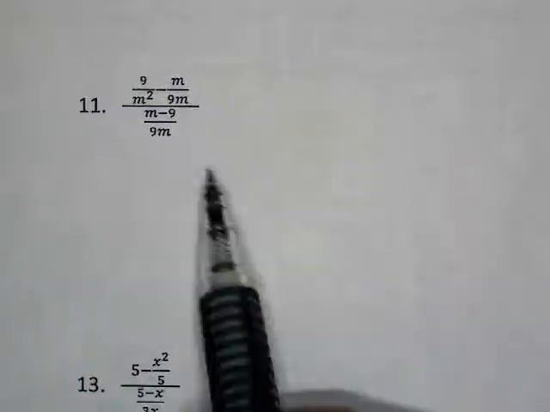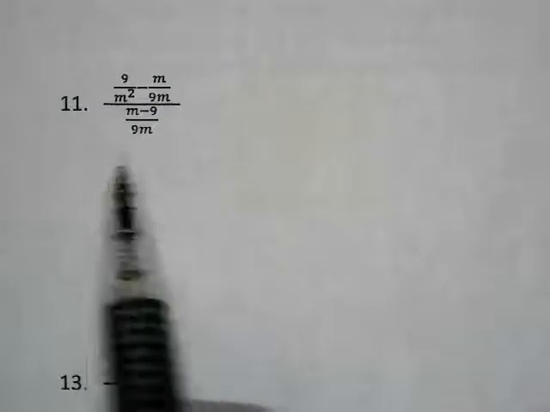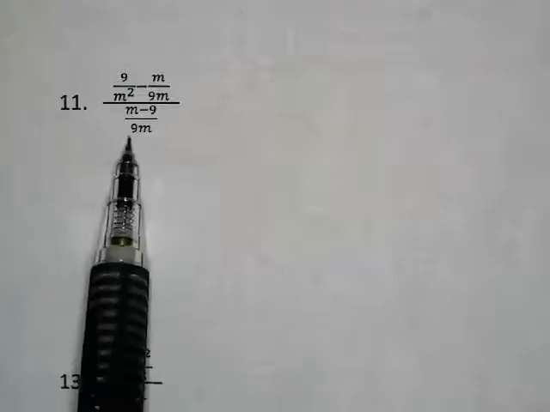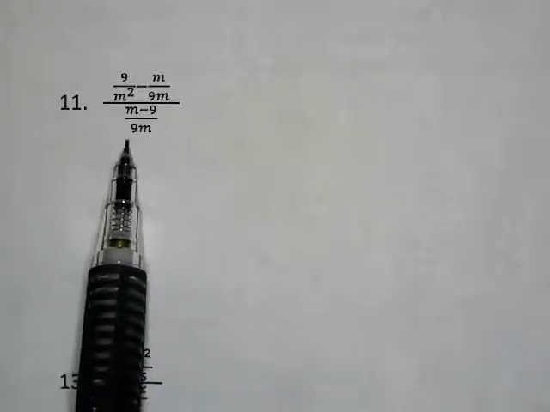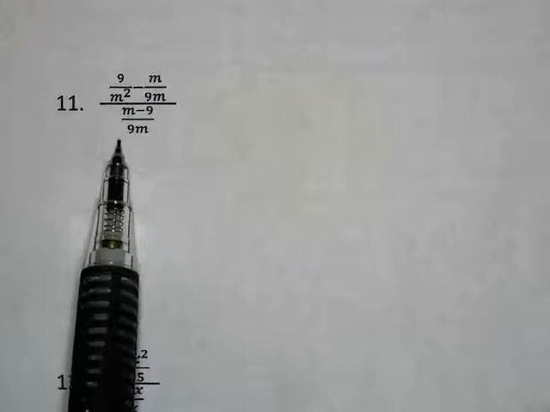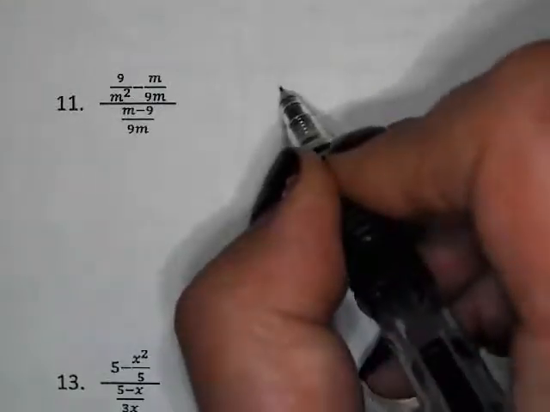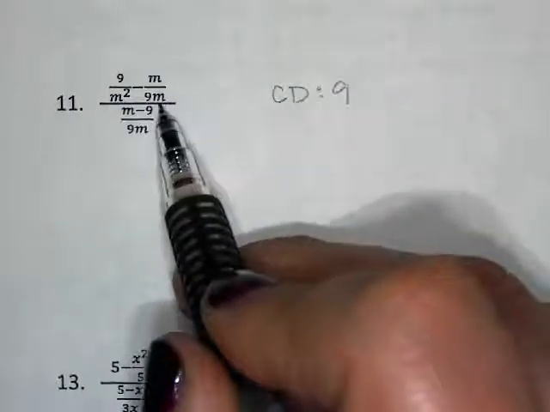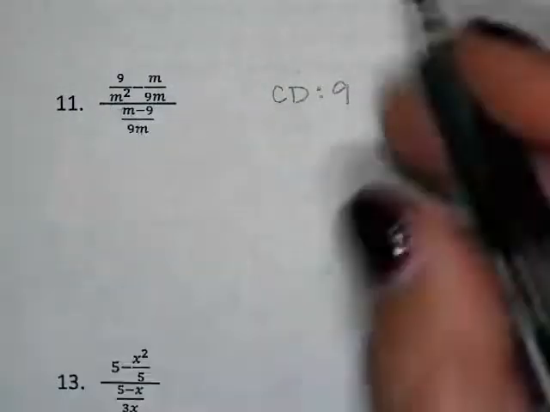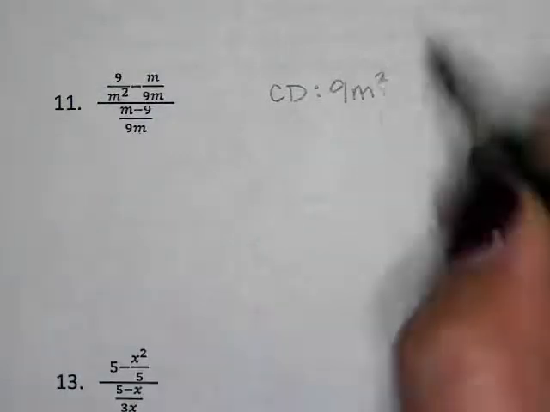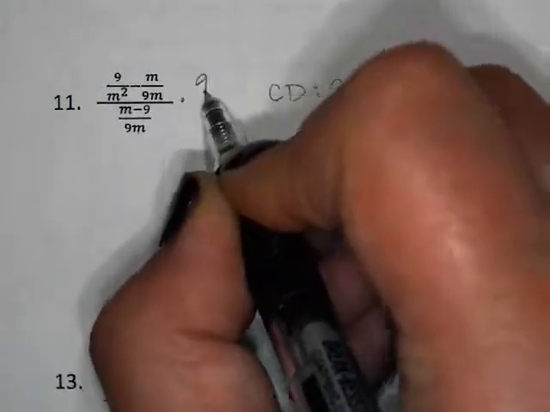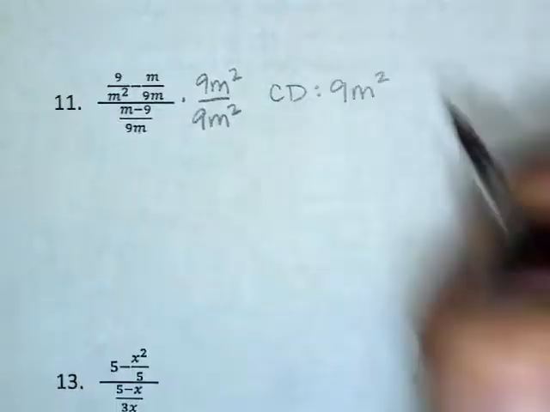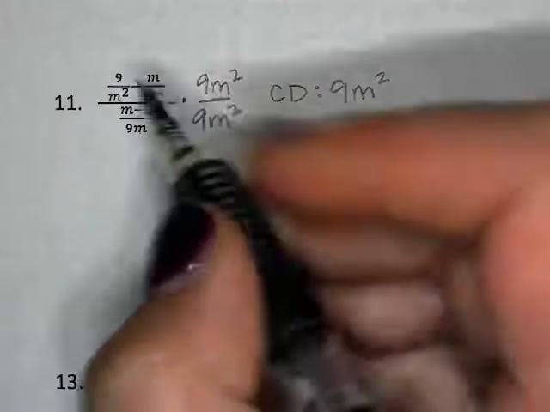Okay, if we look at number 11, let's do as much of number 11 as we can. Can you guys tell what the common denominator is? So we need a 9, and then we need an m squared because we got a single m, but then an m squared right there, so 9m squared. So we're going to multiply by 9m squared over 9m squared. And we have all the fractions here.